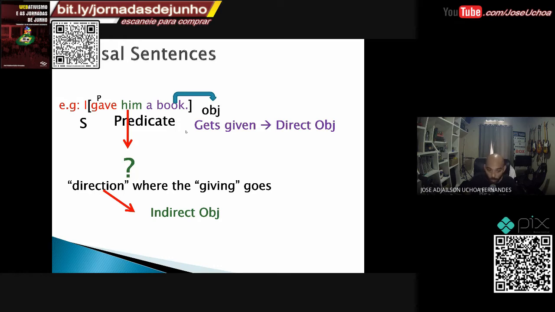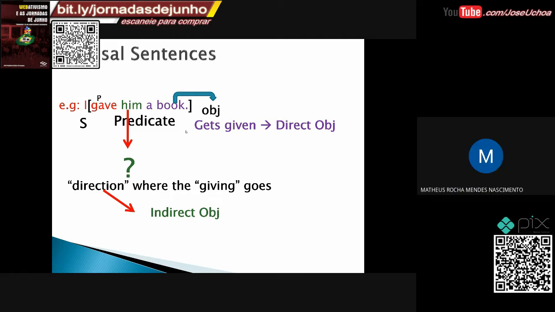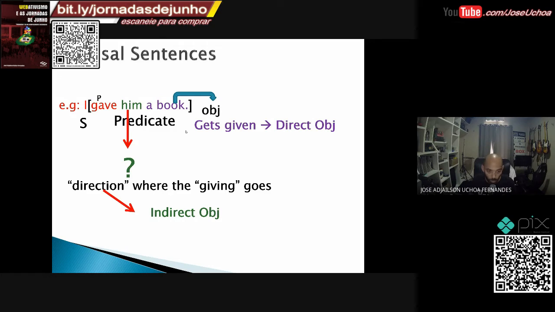It's a better way to describe it, instead of that rote rule, that indirect objects are always preceded by a preposition. Why? Because do I have a preposition in the original sentence? I gave him a book. No. There is no preposition, which does not mean that the relationship between the verb and him is not an indirect relationship.